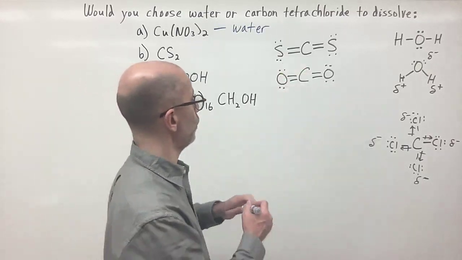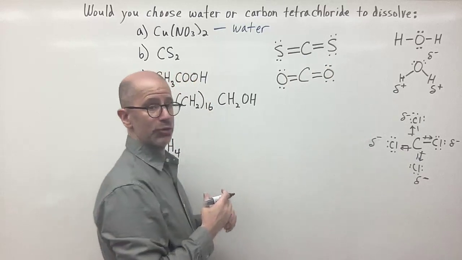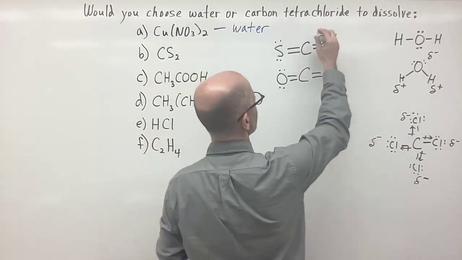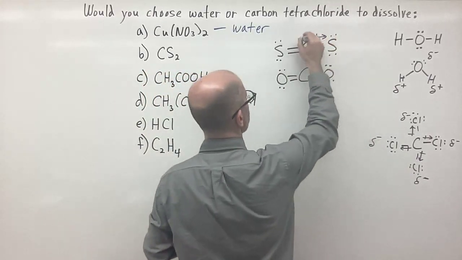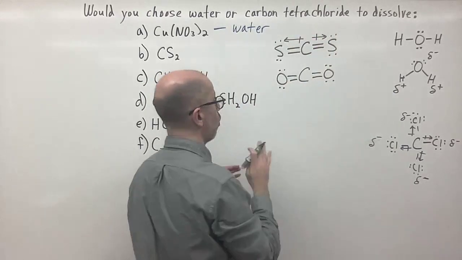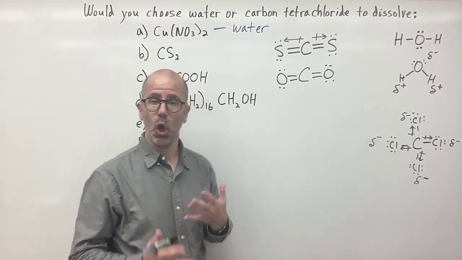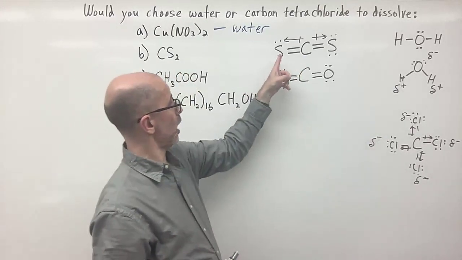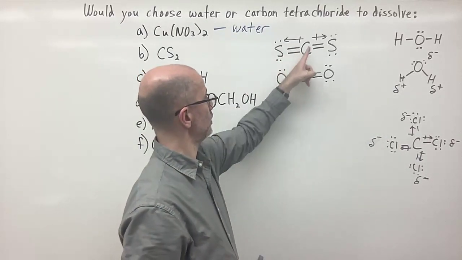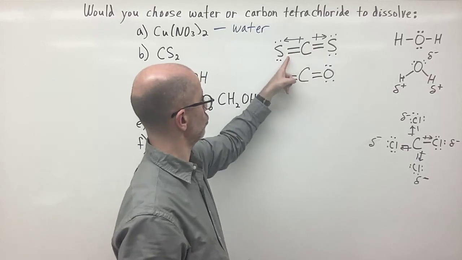So here you'll notice sulfur is more electronegative than carbon, so our dipole moments are going towards the sulfur. But notice that carbon has no lone pairs, so we have an electron group here and an electron group here.